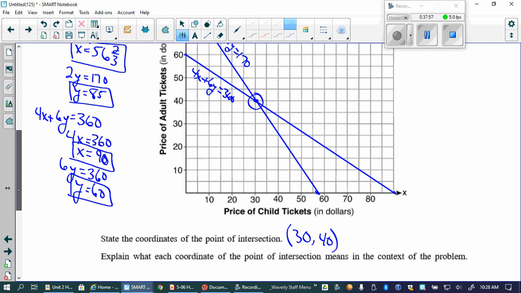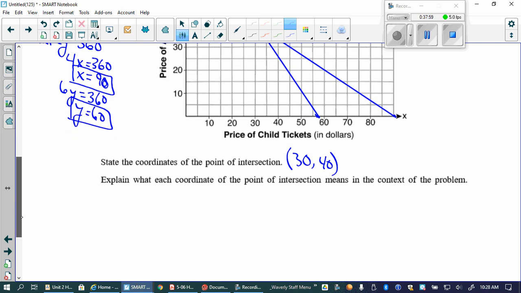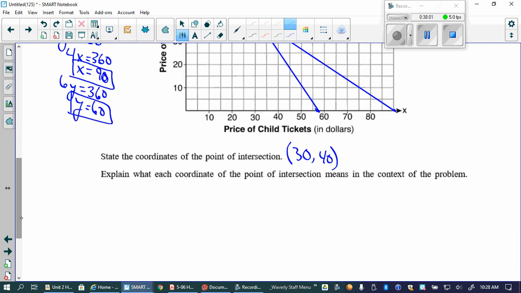What does the fact that 30, comma, 40 is the intersection point mean in this problem? Well, I don't want to talk about x and y. What does x reference in the problem? The children ticket price, and the y was, so what does 30, 40 mean? 30 was for the children. $30.